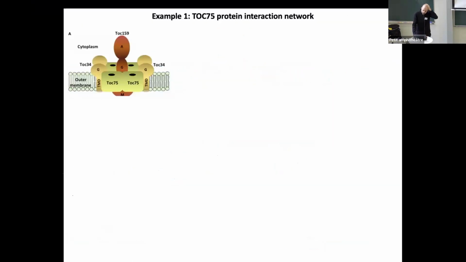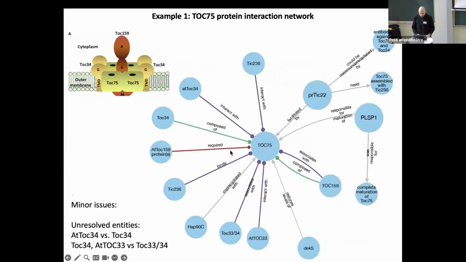Okay, so let me show you some more examples and some of the issues that are actually encountered. One issue is that, for example, some entities are not resolved. So this is a protein interaction network of TOC75, which is involved in protein import into chloroplast. And you can see that there are some entities which are repeated.